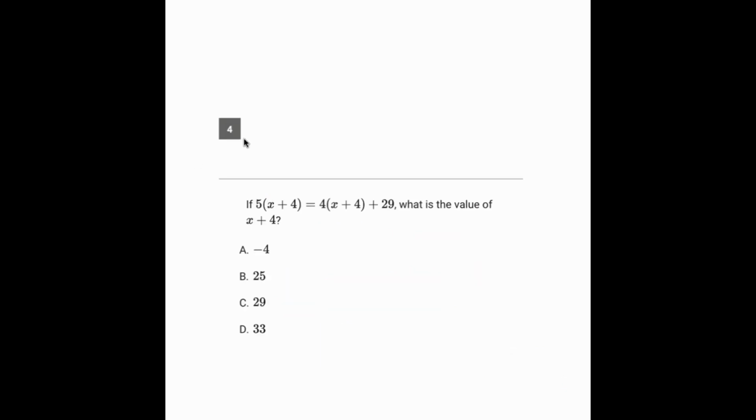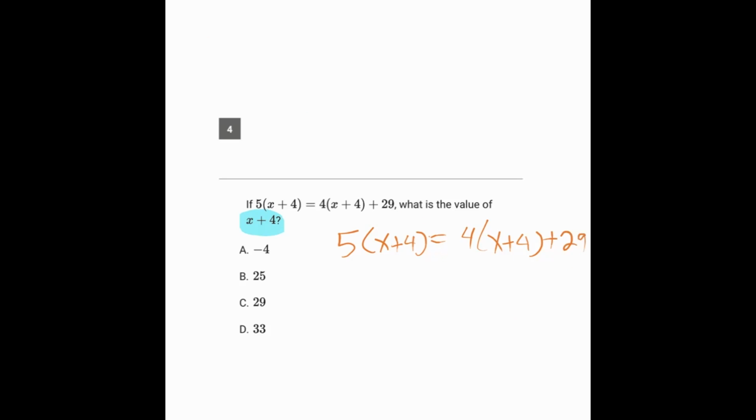On number 4, very similar to number 3, you have an advantage if you solve directly for x plus 4 rather than getting x and adding 4. Because if you get x, you may be tempted to enter that in as your answer, which you really want to avoid. So here we have 5 of these x plus 4s equals 4 of the x plus 4s plus 29.